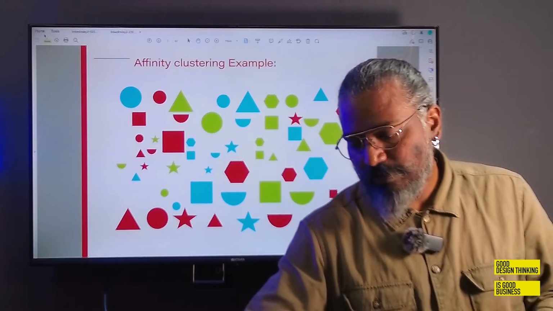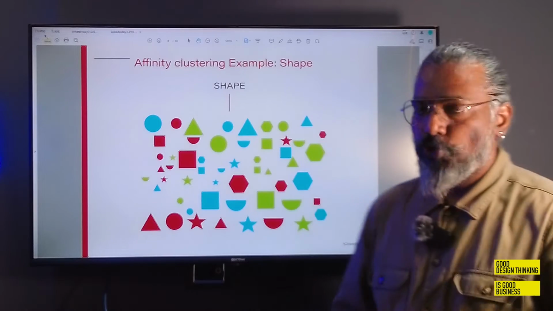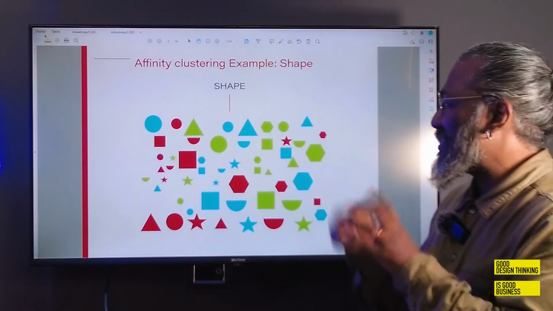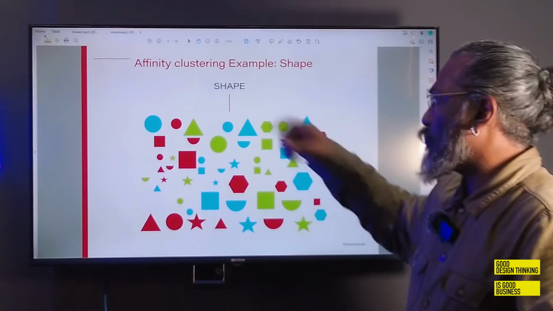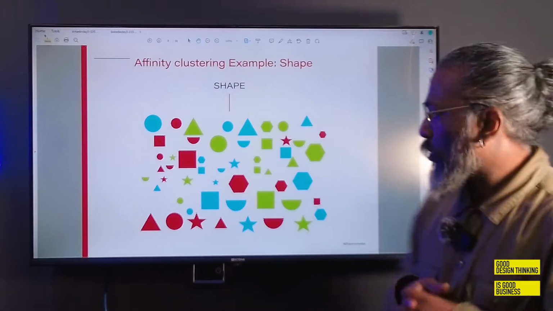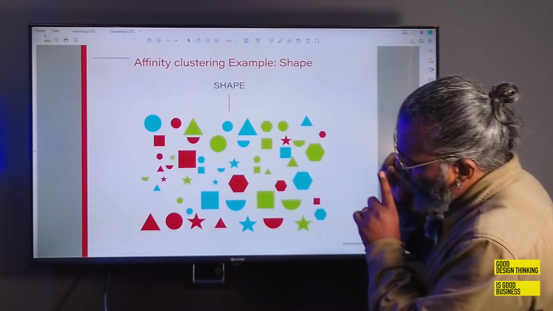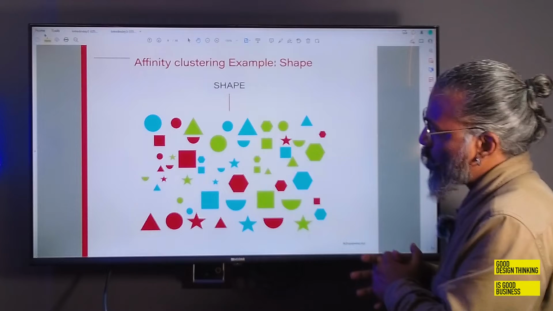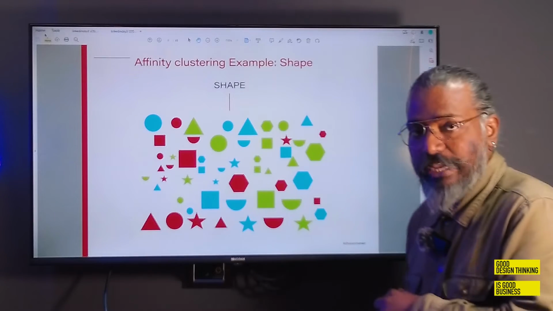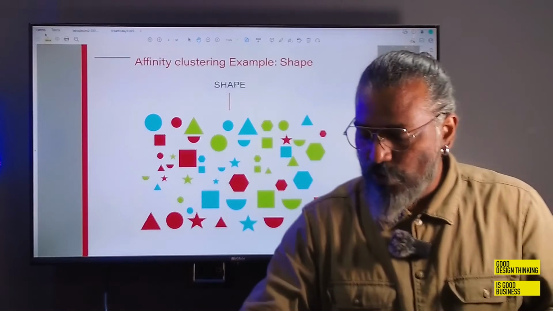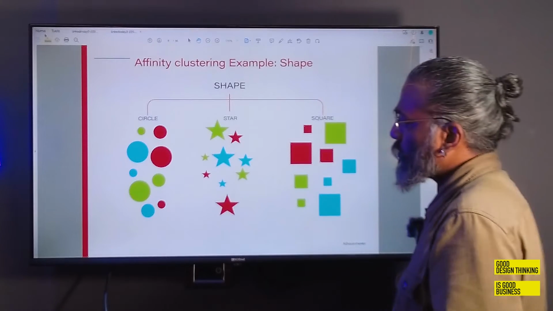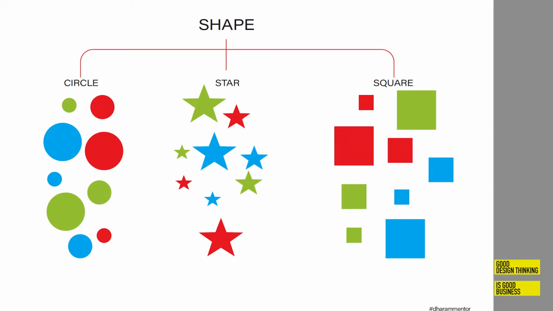One is that I can keep one affinity subject or one attribute, which is shape. So look at this data point, and if you want to segregate this data on the basis of shapes, probably we can do it like this. There is a circular shape, highly distinctive from your star shape.